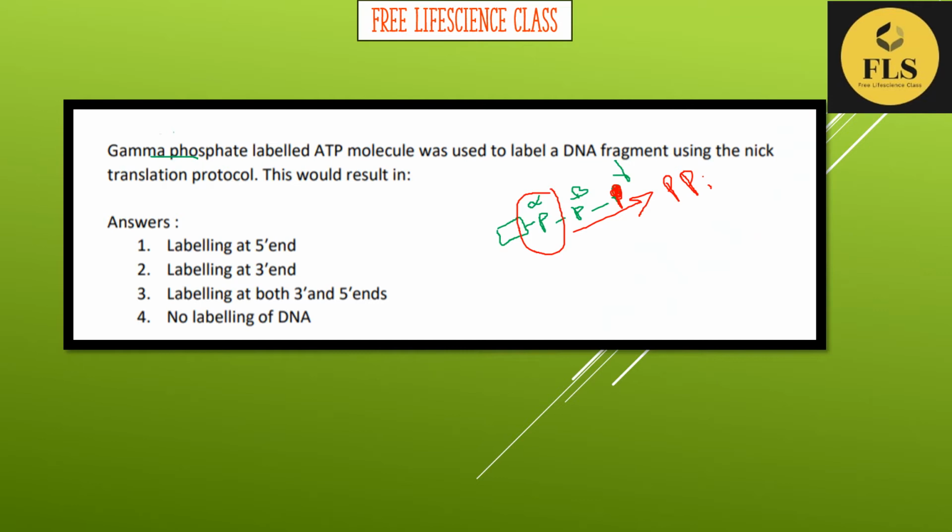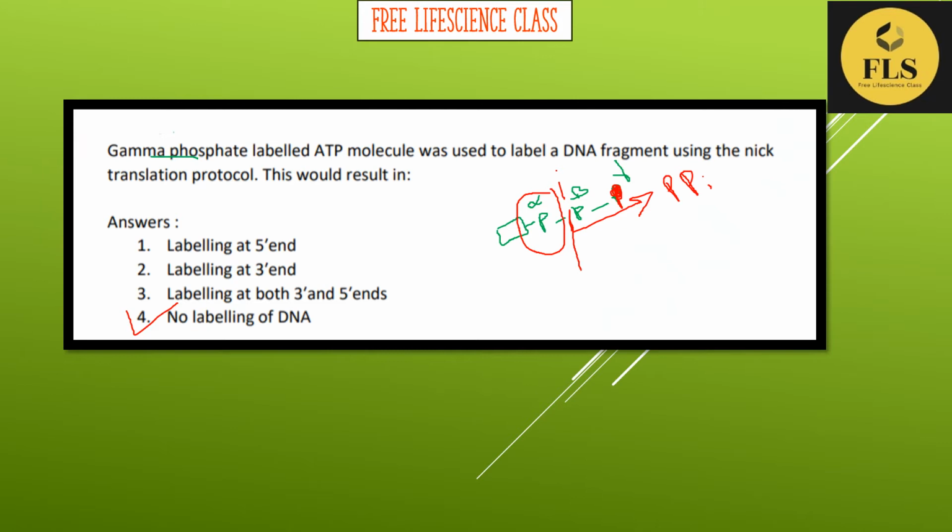That reaction needs energy, so a cleavage will occur which releases energy that can be used for the process. The alpha phosphate is actually incorporated inside the DNA, not the gamma phosphate. So the labeling in gamma phosphate will not provide labeling of the DNA fragment. That means no labeling of DNA will occur.